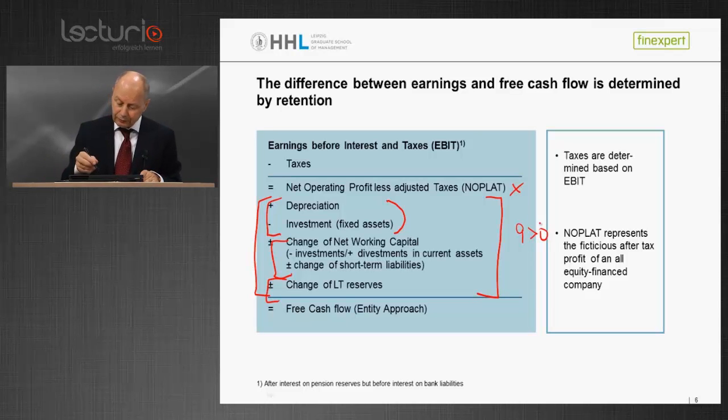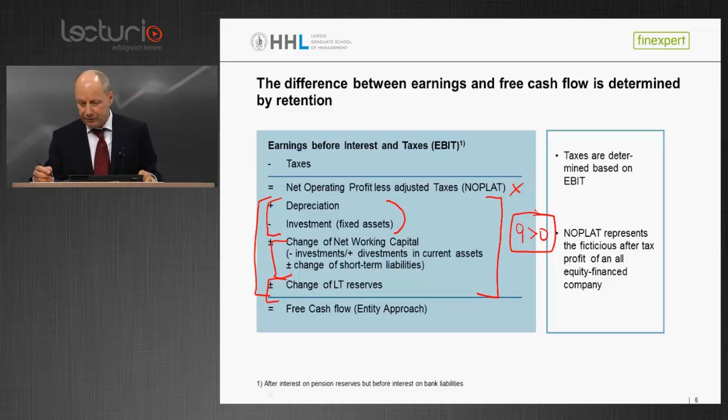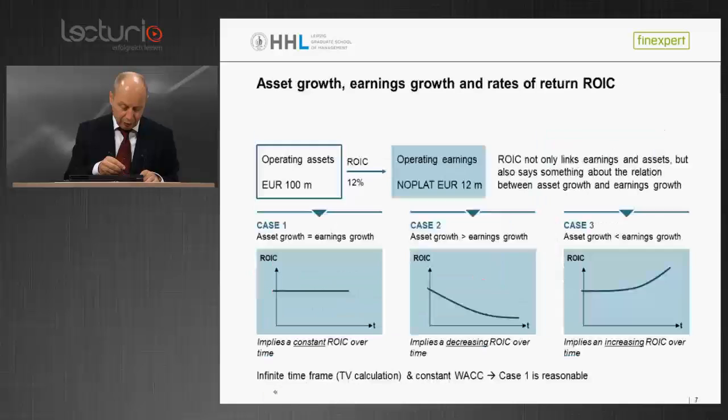So you see that the retention rate Q may be interpreted as the fraction of earnings that is set aside, driving the additional growth in our asset base. And that's important to understand the background of the Gordon-Shapiro model, because now we come to an important idea.